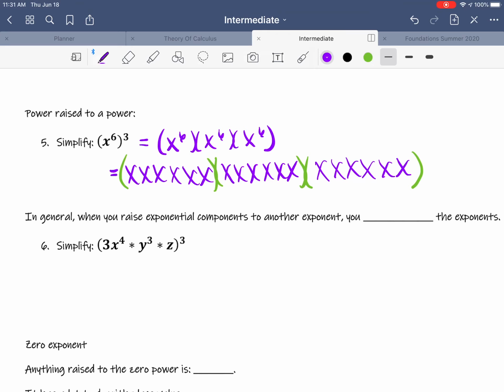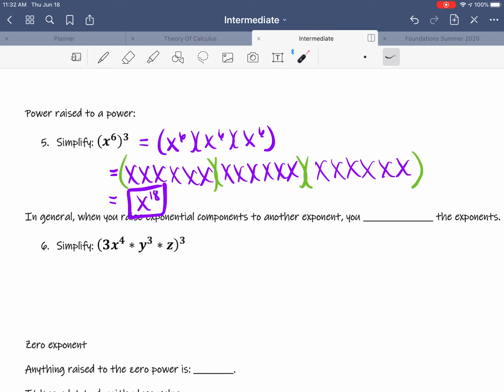Okay? And then we know from previous examples that we can just total these. We can add them all up. 6, 12, 18. Total x's. So let's look at the numbers here. How can we use 6 and 3 to make 18?